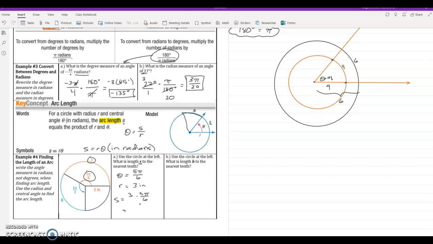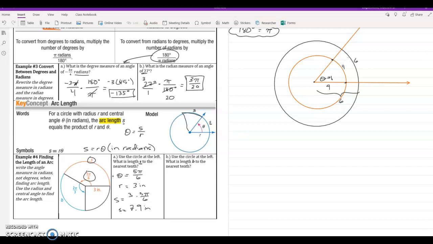So you do 3 times 5 is 15 times pi divided by 6, and then round to the tenth. So that's 7.9 inches. Okay, so that's the distance if you were to start here and walk all the way around the circle, the orange arc right here.